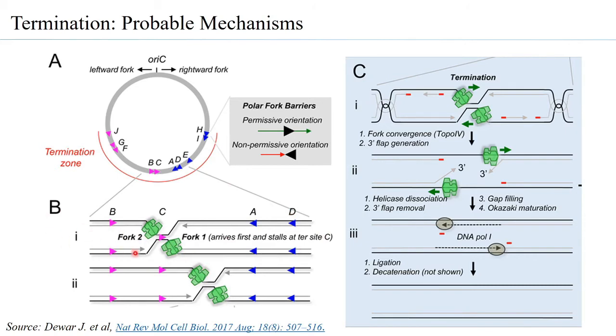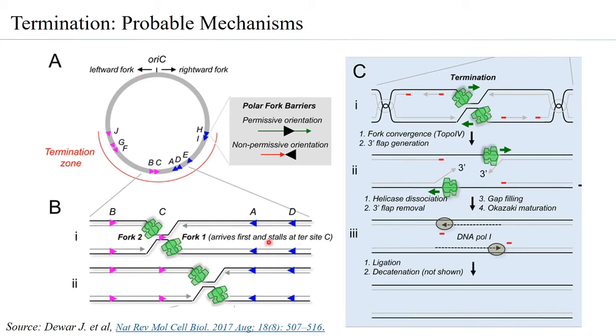If, for example, fork 1 arrives first, this can happen because one fork may move slowly if it has had to do more proofreading. When proofreading is more, every proofreading halts the replication, the correction is made, and then the replication proceeds forward. So if this fork has to do more proofreading than this fork, obviously this fork will reach the terminus region faster than this fork.